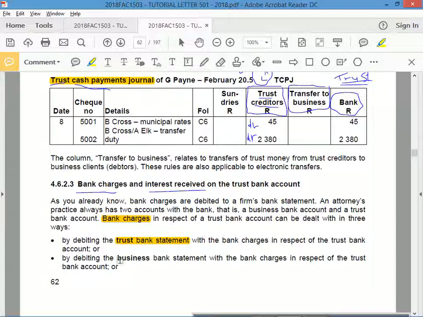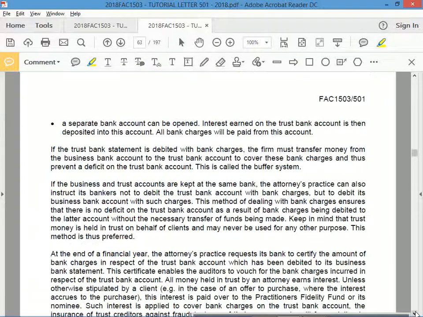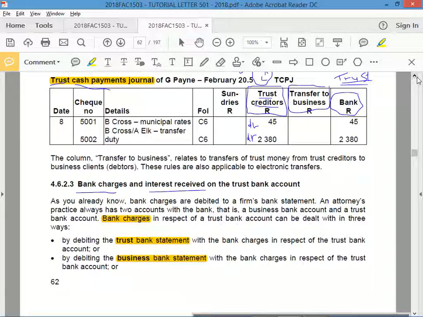The second is debiting the business bank account with the bank charges in respect of the trust bank account. And the third is that a separate bank account can be opened. Interest earned on the trust bank account is then deposited into this account, and all bank charges will be paid from this account. So, 3 different ways to treat the bank charges. It just depends on how it's worded in the question.